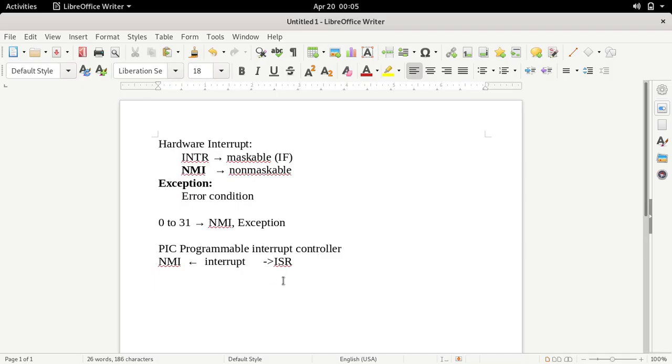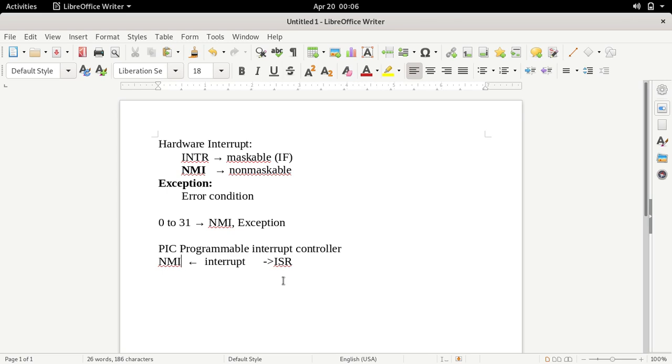So when the ISR of one NMI interrupt is under execution, the 80386 will not recognize further interrupts coming on the NMI pin. In this case, we can say that the interrupts coming on the NMI pin will be disabled. When this ISR has executed completely and control goes back to the interrupted program, the 80386 will again start recognizing interrupts coming on the NMI pin.